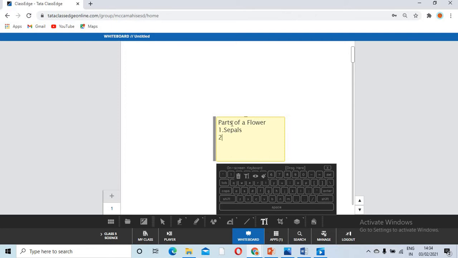The second part is the petal, the third part is going to be androecium, and the fourth part is going to be gynoecium.